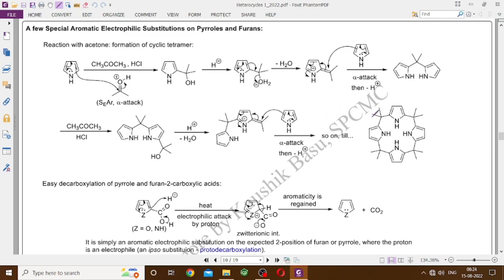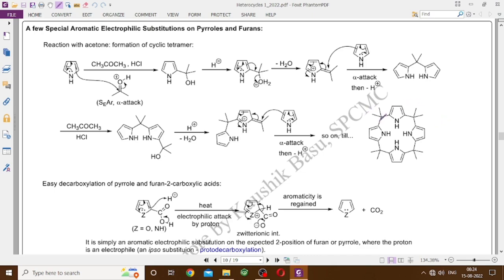Because of the presence of these gem dimethyl groups, geminal dimethyl groups, the cyclic tetramer formation is enthalpically as well as entropically more favorable compared to the reaction taking the course of a polymerization.